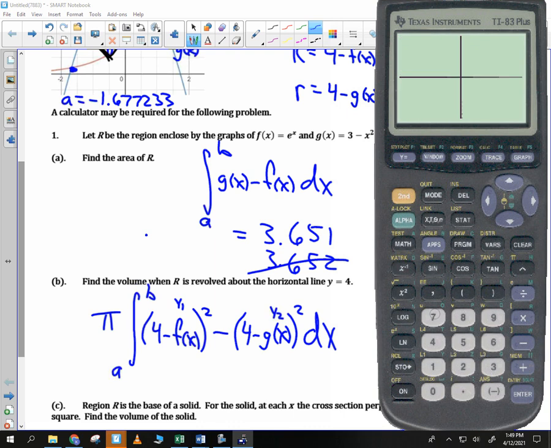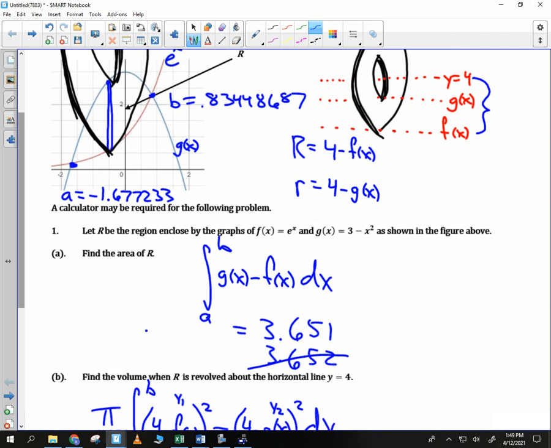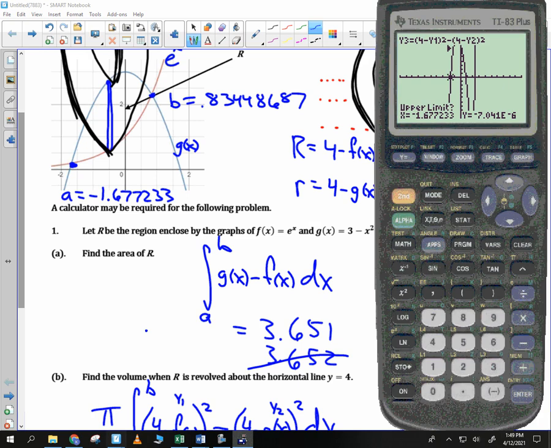And so I grab number 7. I use my negative 1.67, 7233. And after that, I use my 0.8, 344, 8687.